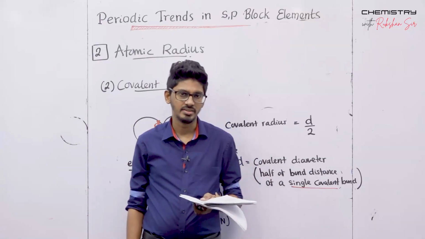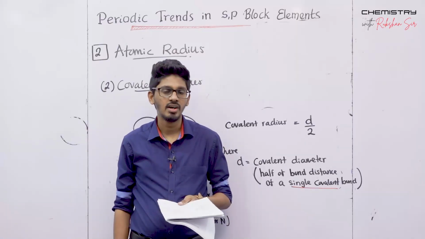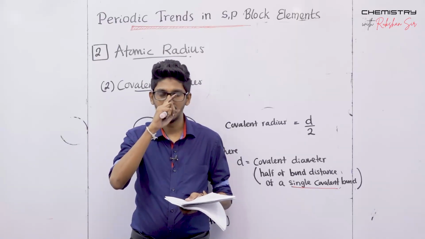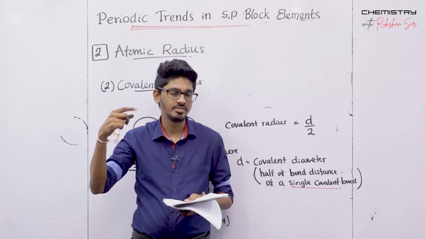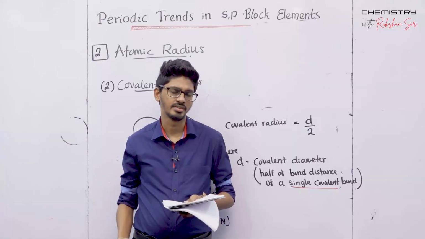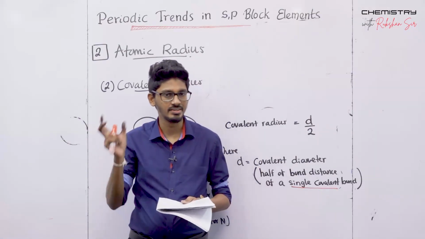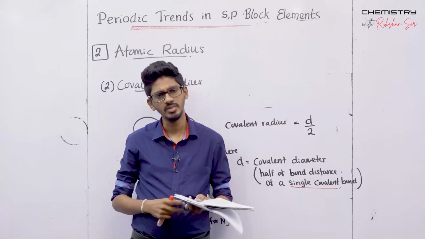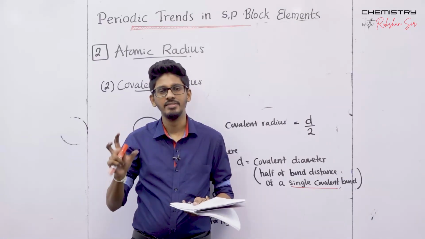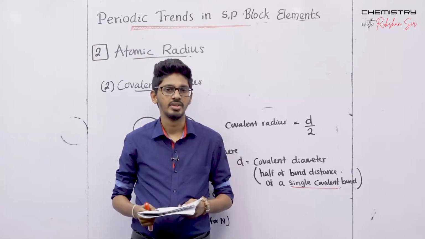Within brackets, just write Van der Waals radius. Van der Waals radius is one kind of non-bonding atomic radius, which we are going to discuss next. We'll discuss that thing as well, right? So anyway, the covalent radius is smaller than the non-bonding atomic radius.